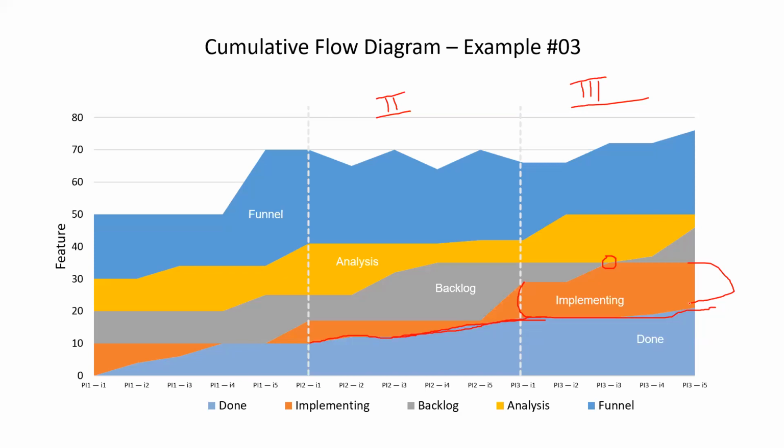Yes, could be, or too much load, too many items in progress at that specific stage, because of which nothing is moving into done. Of course, even if it is moving, it is only slow and steady, not too much progress, maybe a couple of features. But the implementing stage, the previous stage of done, increased this much to this much, maybe at least 15 new items got added into implementing, but only 4 or 5, or maybe not even that, 3 might have got done. So how are we making progress?